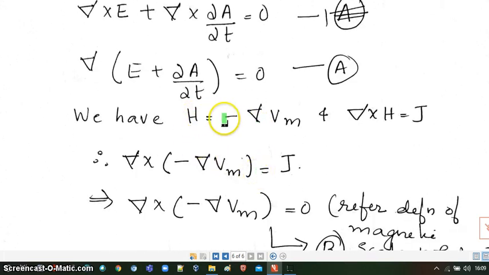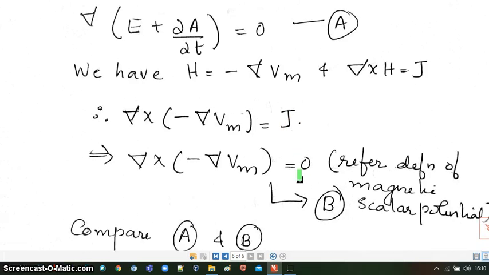Now we have H is equal to minus del Vm, which is our magnetic scalar potential. At the same time we have del cross H is equal to J. Substituting this H in this expression, I can write del cross of minus del Vm is equal to J. In the case of magnetic scalar potential, this definition is valid for J equal to 0, as we discussed earlier.